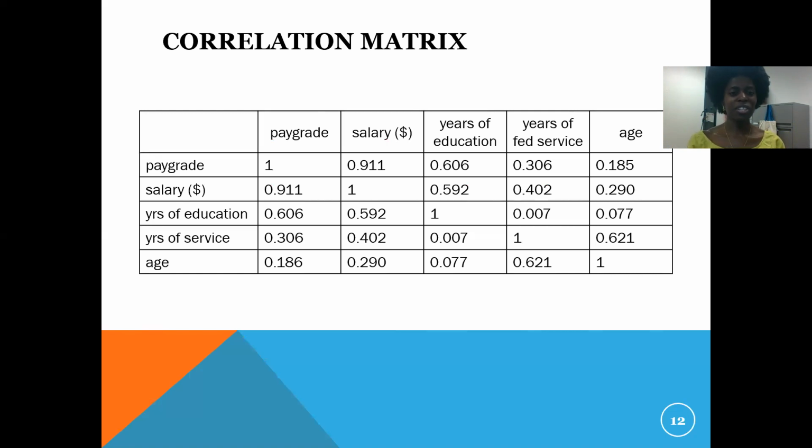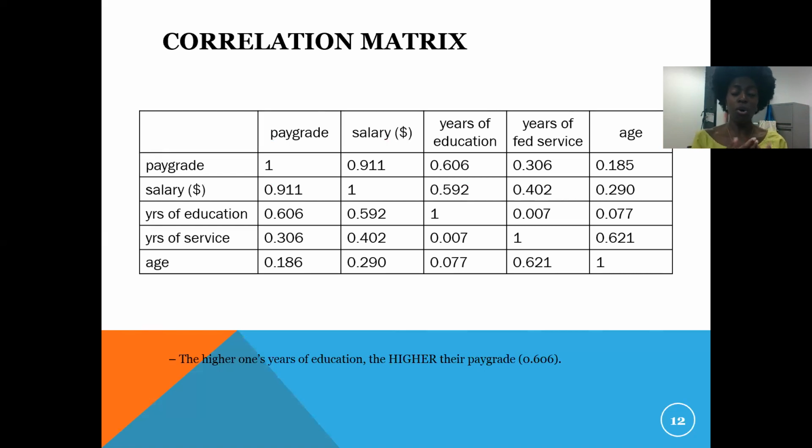Okay, so let's take a look at the relationship between pay grade and age, for example, or education. The higher one's years of education, the higher their pay grade. So that's how we interpret this. We don't just talk about strength and direction, but we need to be able to go out on the street or go home to mama or go somewhere where someone doesn't know anything about statistics and say, hey, did you know that as the more education that you get, the higher your pay grade is, and that it's a pretty strong relationship?